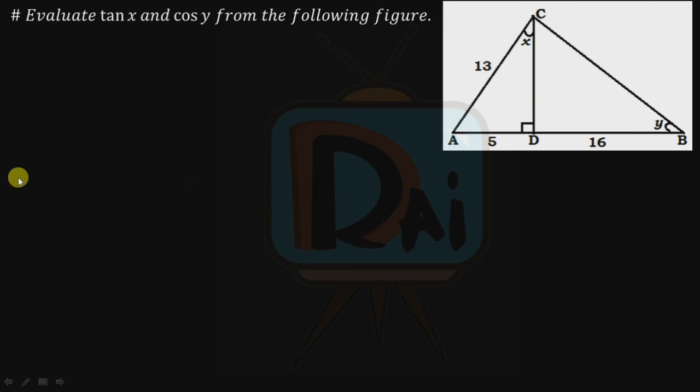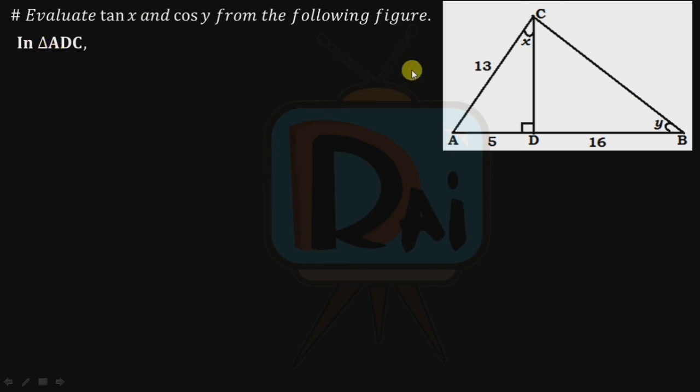Now next question: evaluate sin x and cos y from the following figure. From the figure, given AC is 13, AD is equal to 5, BD is equal to 16, angle ACD is x and angle B is equal to y.